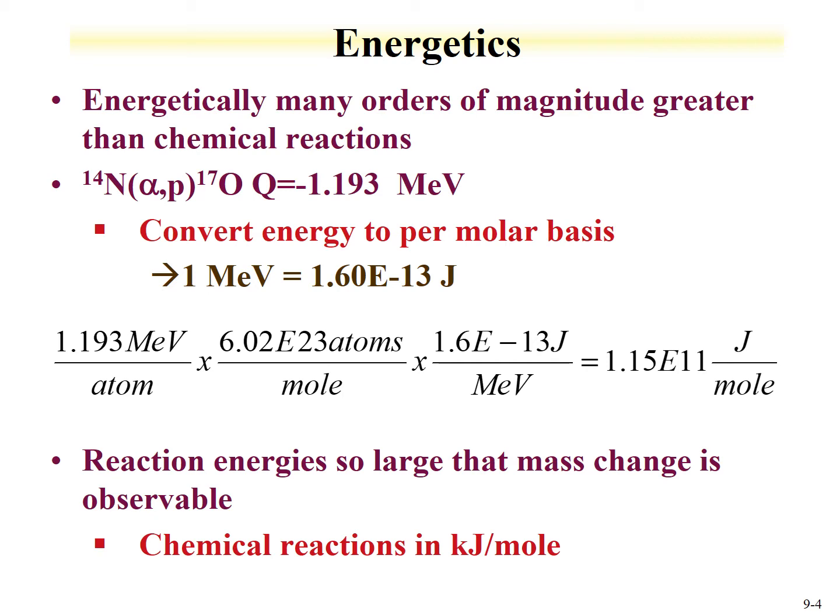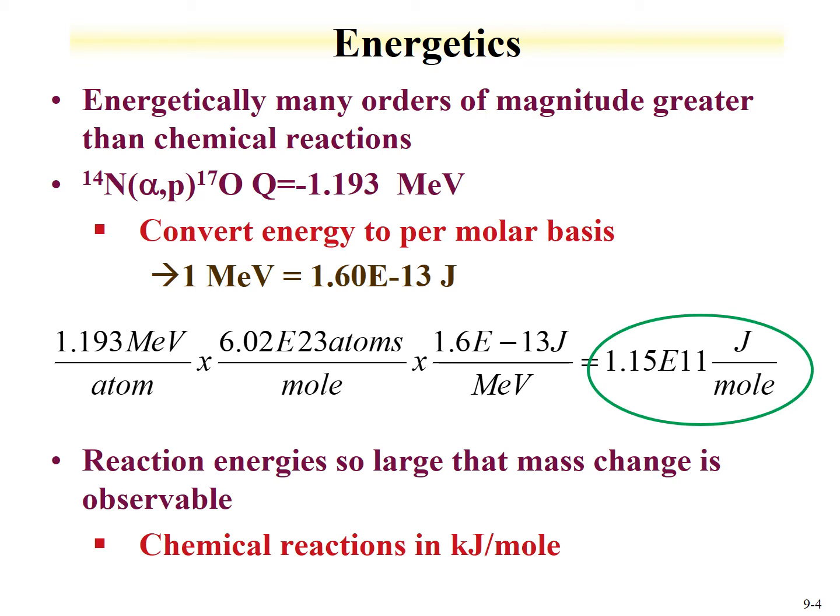Now to describe this sort of reaction, we can talk about this on a per molar basis so we can compare it with a chemical reaction. We use a conversion term of 1 MeV equal to 1.6 times 10 to the minus 13 joules. So we can convert our reaction from MeV per atom into joules per mole, and we see that this reaction winds up being on the order of 1 times 10 to the 11th joules per mole.